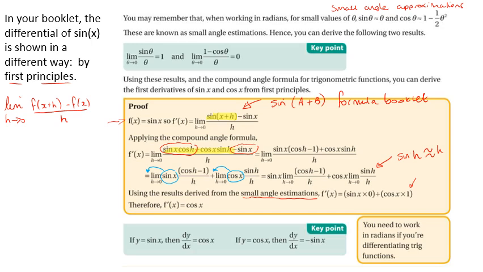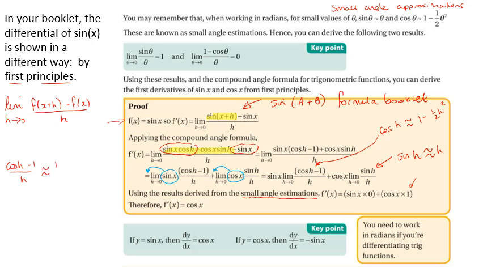For the other fraction, they've put in the small angle approximation for cos h. They've said that cos h is approximately equal to 1 minus half h squared. They've subtracted the 1 and divided it all by h. They haven't really shown much work, so I'm going to do that on the side. For cos h minus 1 over h, they've put in the small angle approximation for cos h.